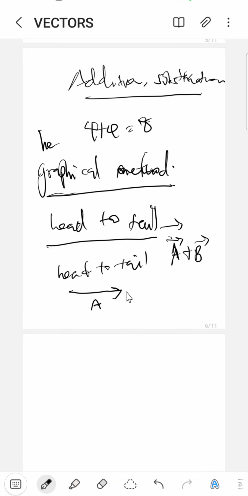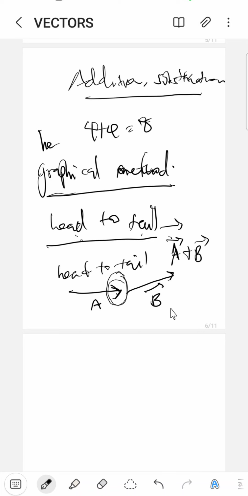So the head of A, head is the first aspect, right? So head to tail. The head should be added to the tail of the vector that you're adding. Vector A has a head, head to what? To the tail of B, which is the vector you are adding.